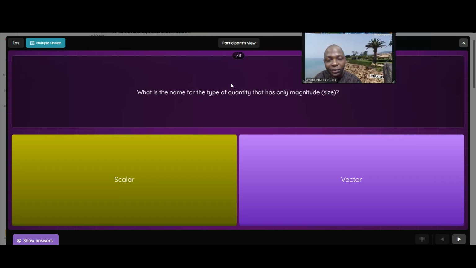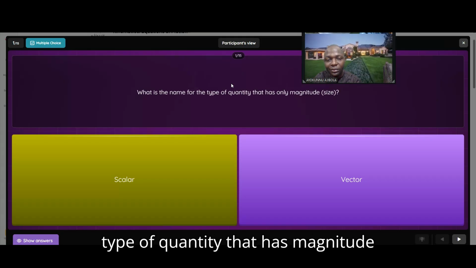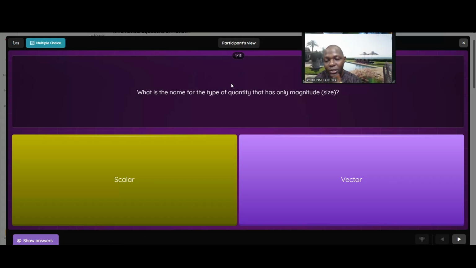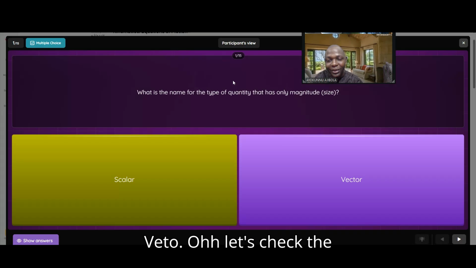What is the name of the type of quantity that has only magnitude, or actual size? Vector.